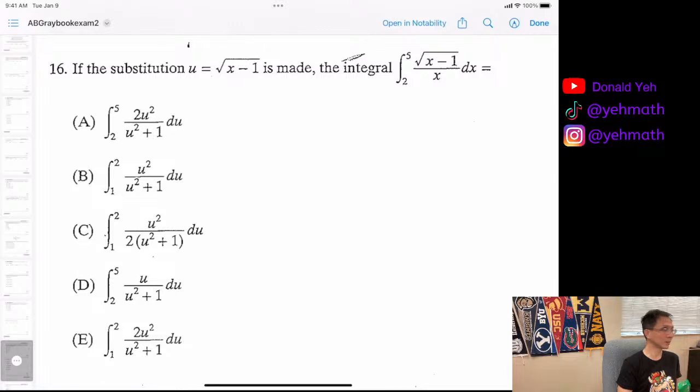Solving with x. They did not want you to take the integral. They just want you to convert everything to u. That's it. Because you don't know how to take the integral of this unless you know some other tricks.